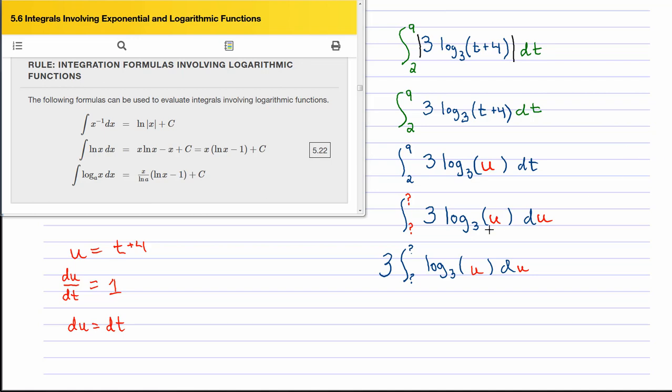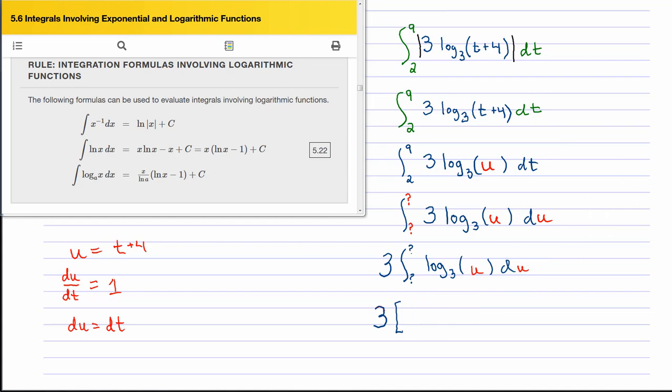So now what I can do here is use the fundamental theorem of calculus. The fundamental theorem of calculus says that this definite integral is going to be the antiderivative, which is x. Oh, sorry, it's not x though. There's no x. What am I saying? I'm integrating with respect to u.